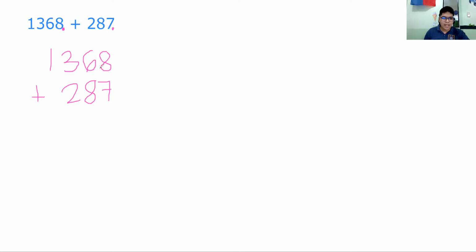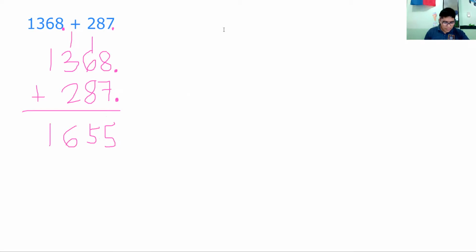So when you want to add, you will want those decimal points to be aligned, along the same line. And once you've done that, you just add normally. In this case, this would be 15, this is 15 as well, this is 6, and this is 1. So that's 1,655. So that's all there is to it.